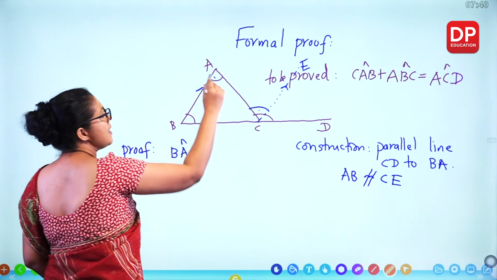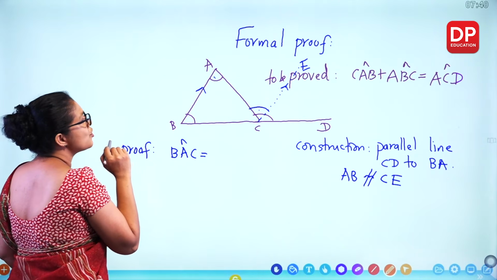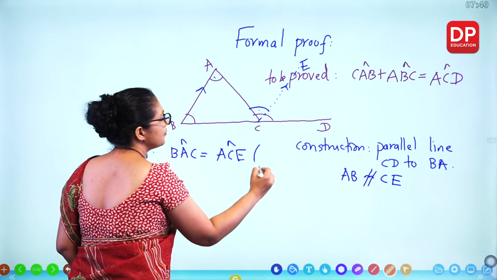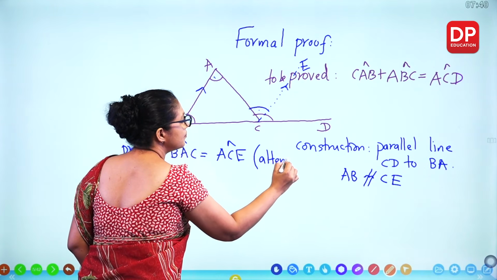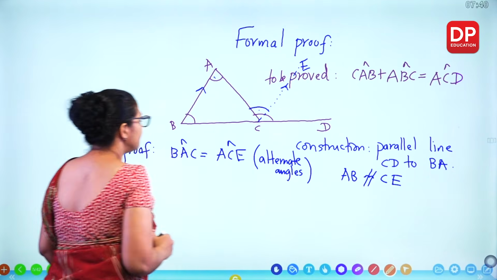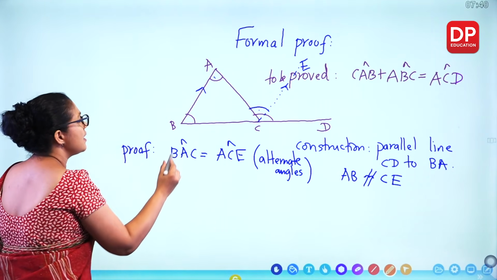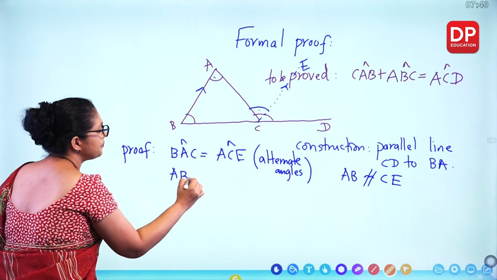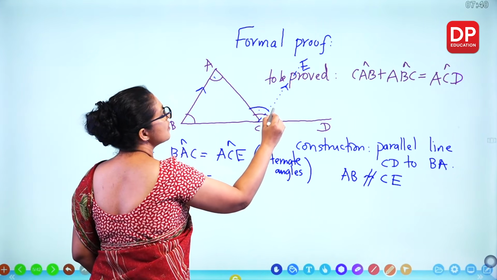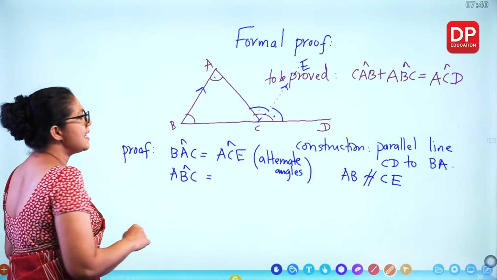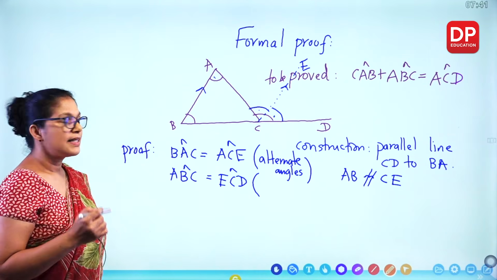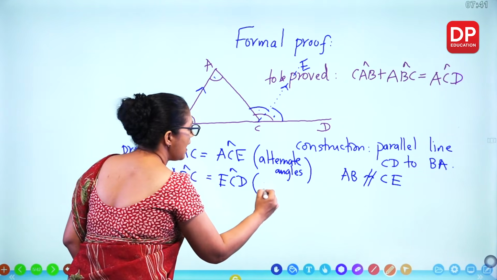So I can write BAC is equal to ACE, alternate angles. Then this one, ABC angle is equal to this angle. So this angle is ECD. What's the reason? Corresponding angles.